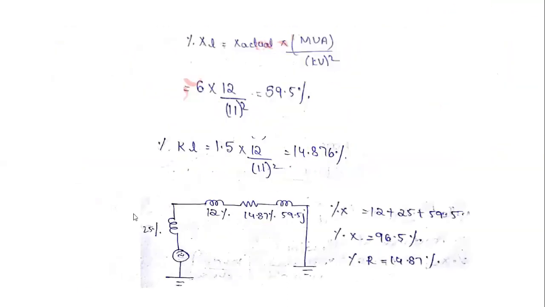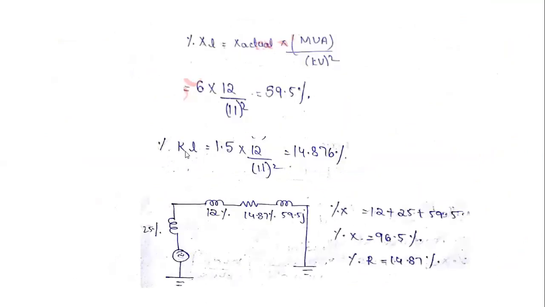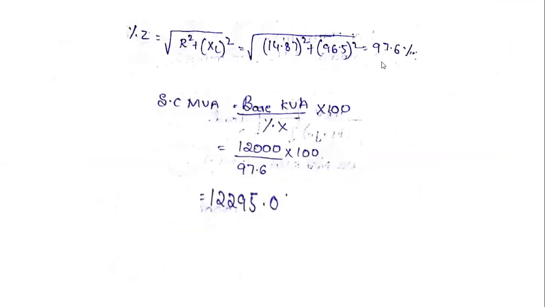This is the equivalent reactance diagram. Next, we calculate the Z value. What is the Z? Square root of R square plus XL square. What is the R value? That is percentage R 14.8 and X value is 5.9. Then we calculate the impedance Z, or the total reactance X.